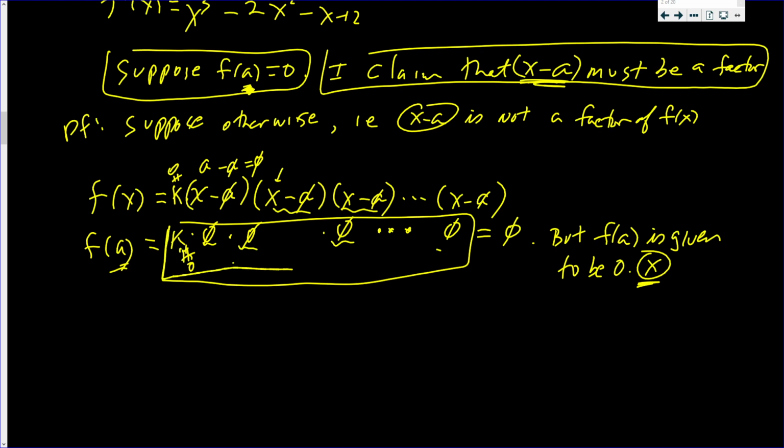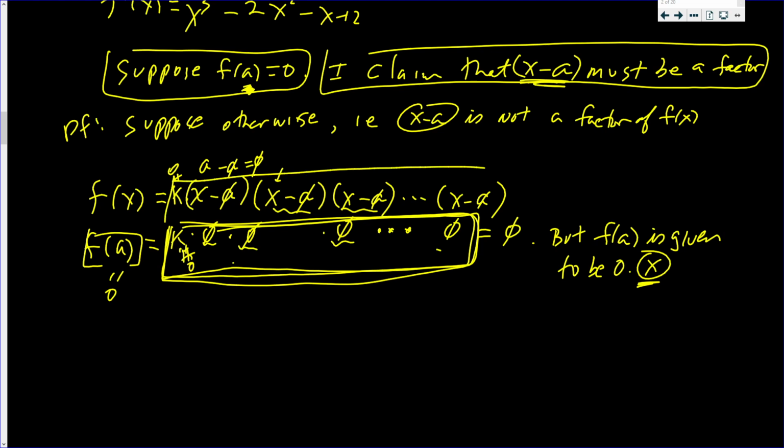This here is not 0, and this here is 0. Okay, f of a is 0, but if f of x doesn't have x minus a as a factor, f of a is not equal to 0. How can 0 equal a non-zero number?